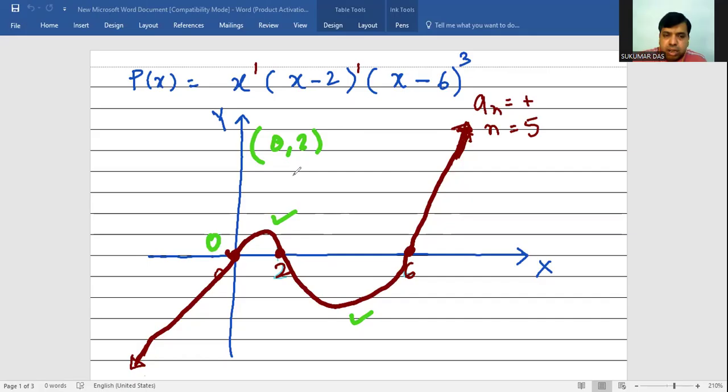From 2 to 6 interval, graph is first decreasing, and then it is increasing. From 6 to infinity interval, graph is continuously increasing. From negative infinity to 0, graph is continuously increasing. So by just looking into this, you can tell many things.